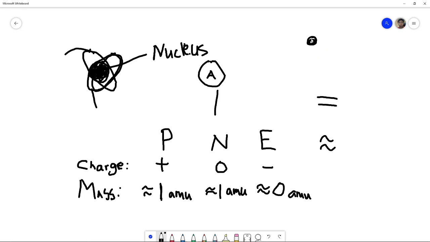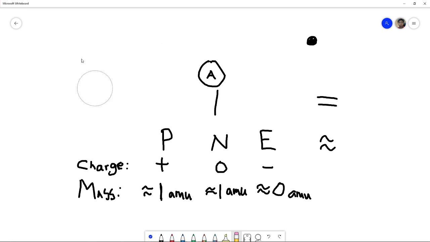So we have the nucleus over here, and let me clear up some space. We have the nucleus over here, and we have electrons orbiting this nucleus. And within the nucleus, we have P's and N's. And for the most part, the amount of protons is equal to the amount of neutrons.